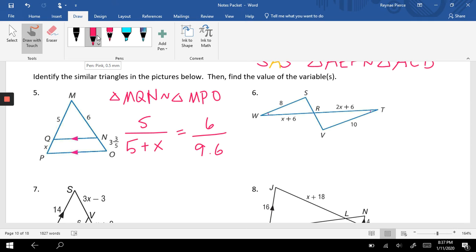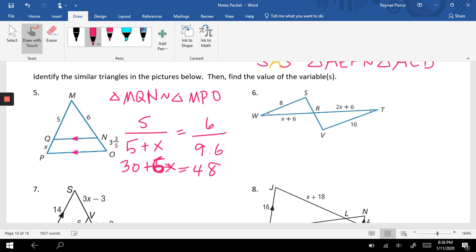Okay. When I cross multiply 9 and, nope, I'm sorry, 5 and 9.6, that gets me 48. Okay, remember I'm taking 6 times all of that, so 6 times 5 is 30, plus 6x, not 5x.